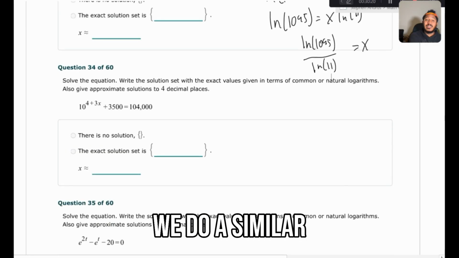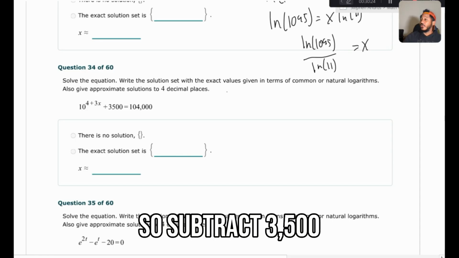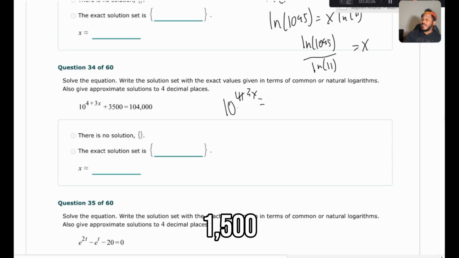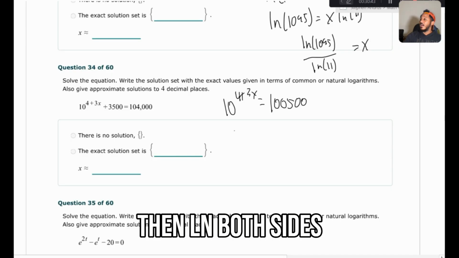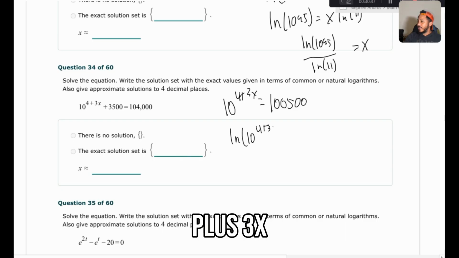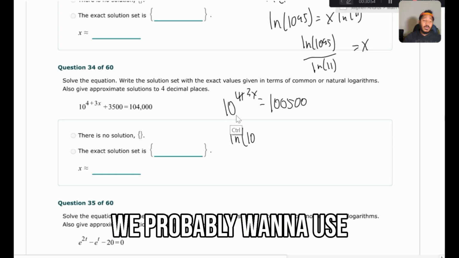Number 34, we do a similar thing here, right? We have to first isolate the exponential. So subtract 3,500. So 10 to the 4 plus 3x equals, I'm sorry, 100,500. Then ln both sides. So that would give us the ln of 10 to the 4 plus 3x. We could ln both sides, or we could actually log base 10 both sides. Since it's base 10, we probably want to use log base 10.